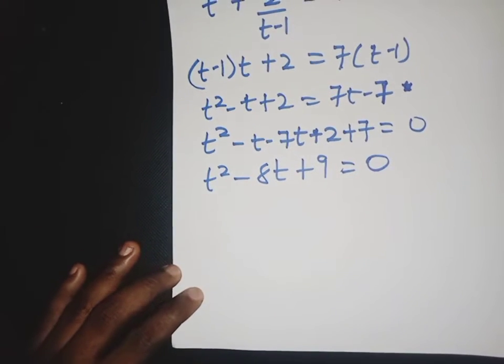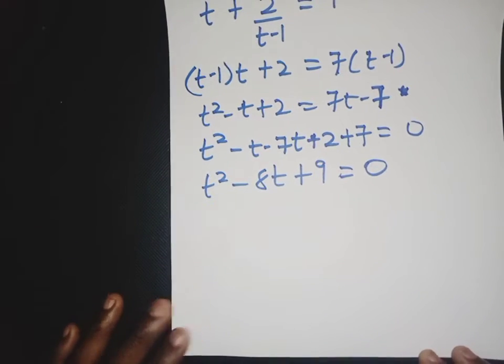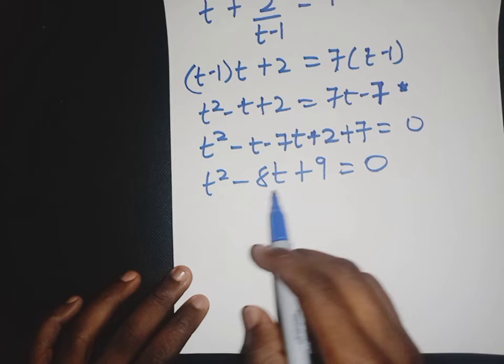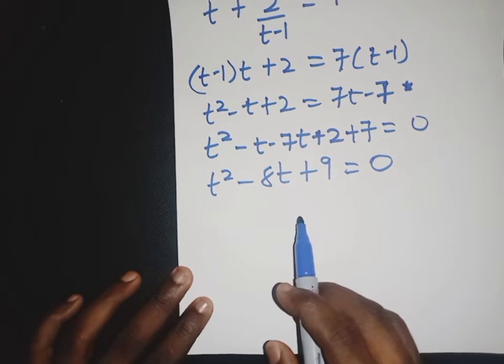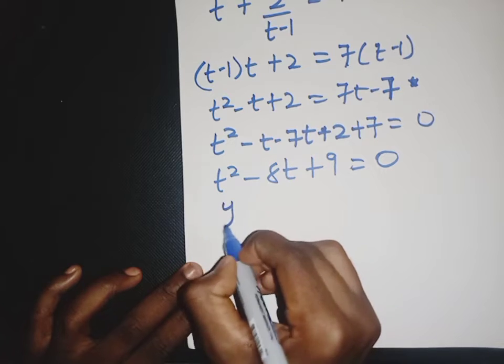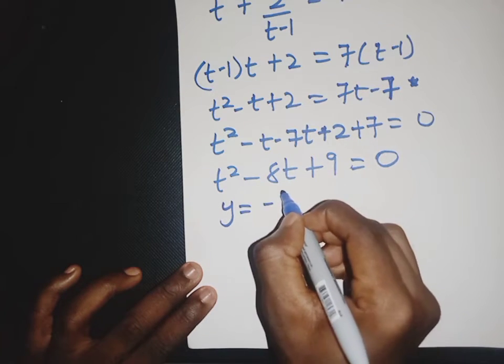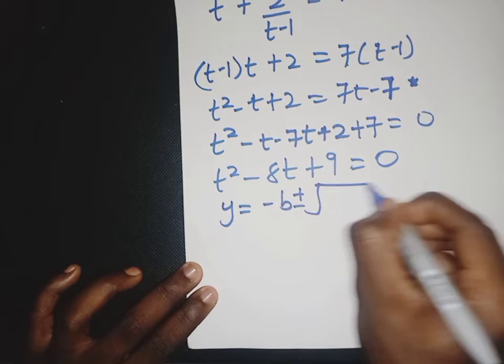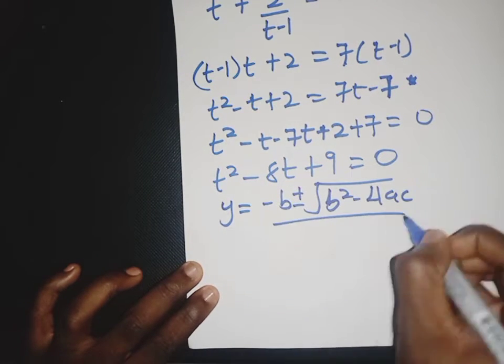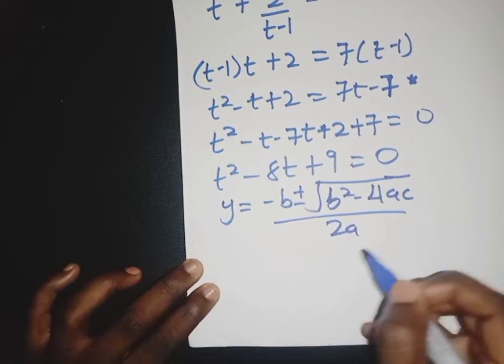Now we have a quadratic equation over here, and we have to solve it, so quickly let's use the quadratic formula. Using the quadratic formula, t equals minus b plus or minus the square root of b squared minus 4ac, all divided by 2a, right?